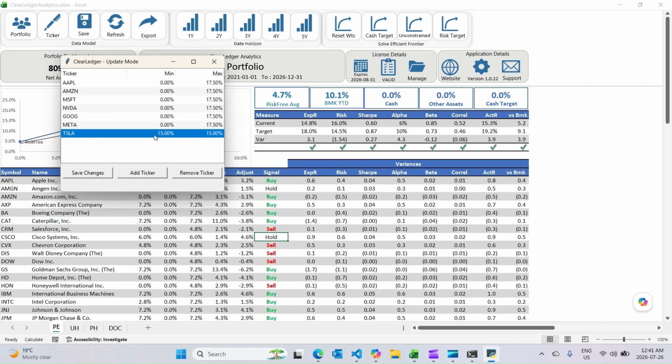So Tesla's going to get 15. Everybody else is going to allocate based on the system, and the max being 17.5%. I'm going to save these changes, and that concludes our discussion on ticker maintenance.